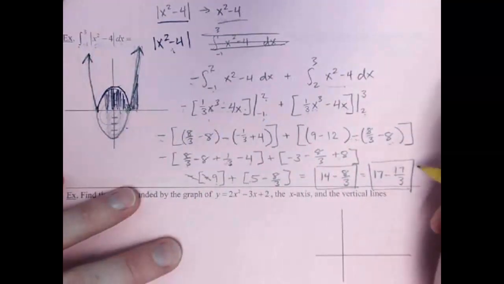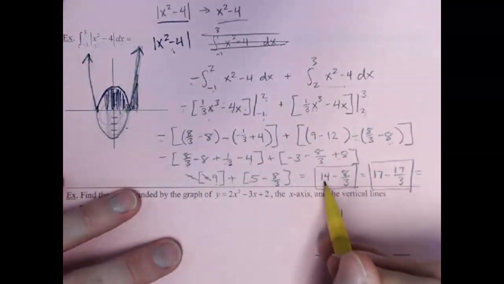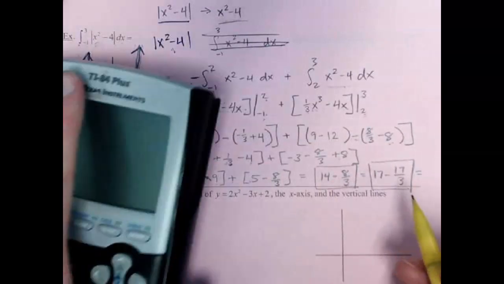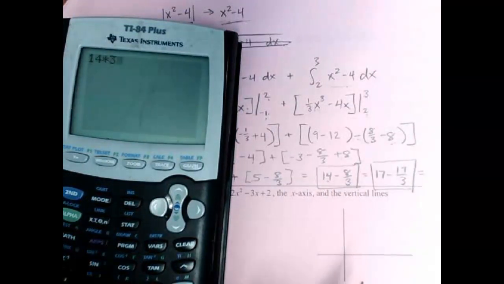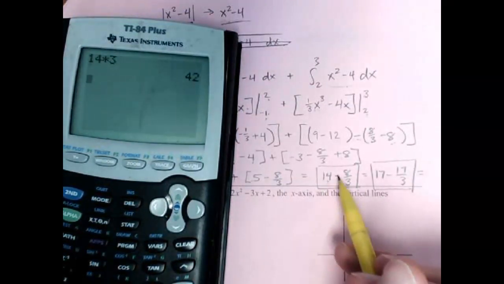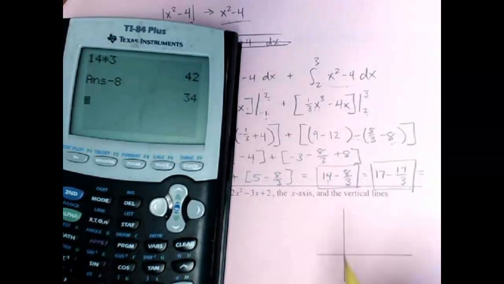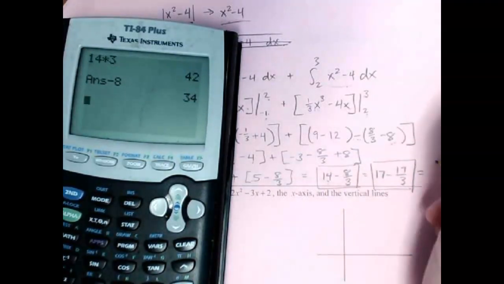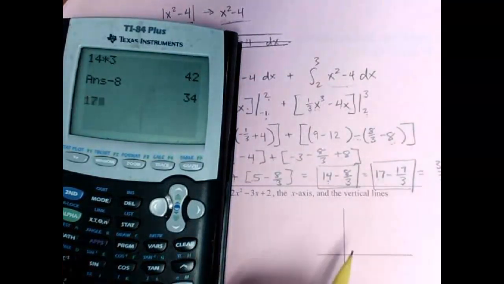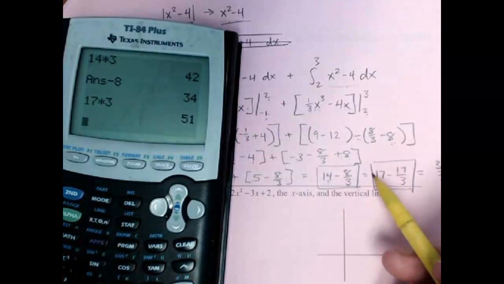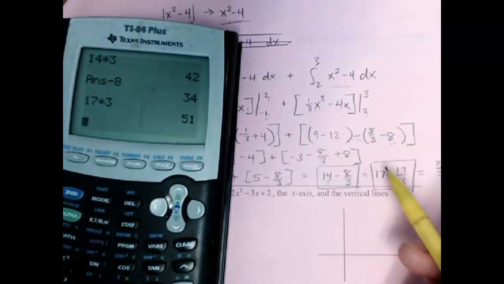If you were to get them to the final answer, let's do 14. How many thirds is 14? So 14 times 3, that'd be 42. And then minus 8, so this is the same thing as 34 thirds. Let's check 17 times 3. So this is the same thing as 51 over 3, so 51 thirds.